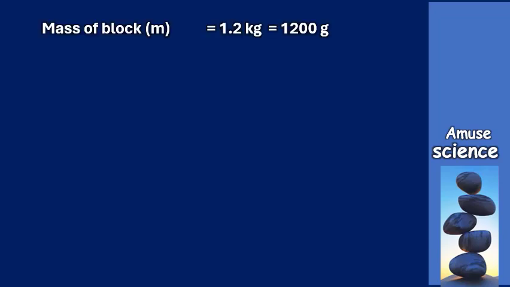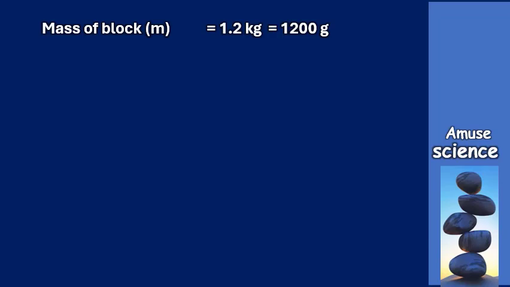But because the question asked us to calculate the height in centimeters and the density is given in gram per centimeter cube, let us change this mass in kilogram to grams. By conversion, we multiply 1.2 by 1,000 and we get 1,200 grams, because kilo means 1,000.